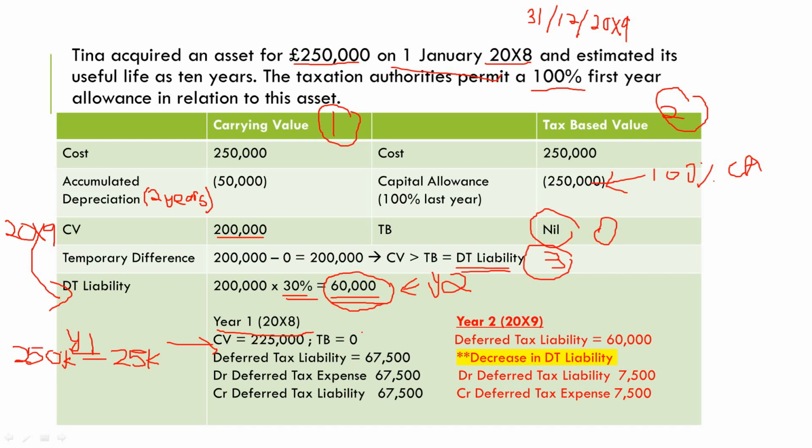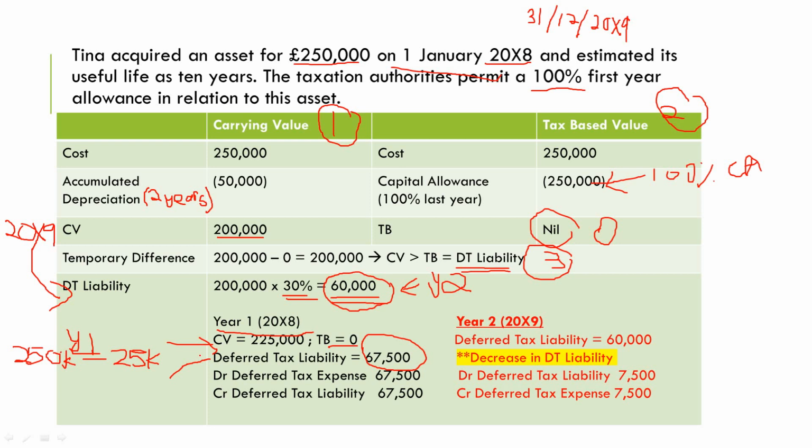Since last year we have already claimed 100% of the capital allowance, our tax base is already 0. So 225,000 minus 0 gives you a difference of 225,000, times 30%. So last year, you have recognized deferred tax liability of 67,500.